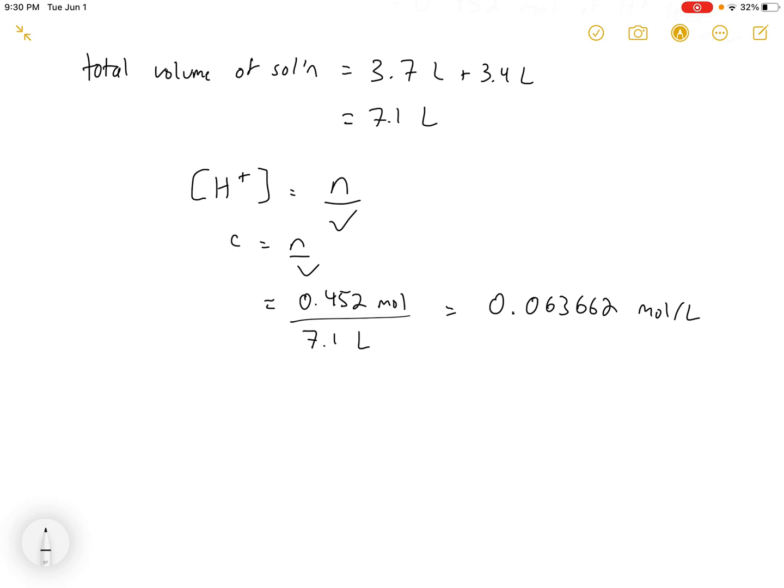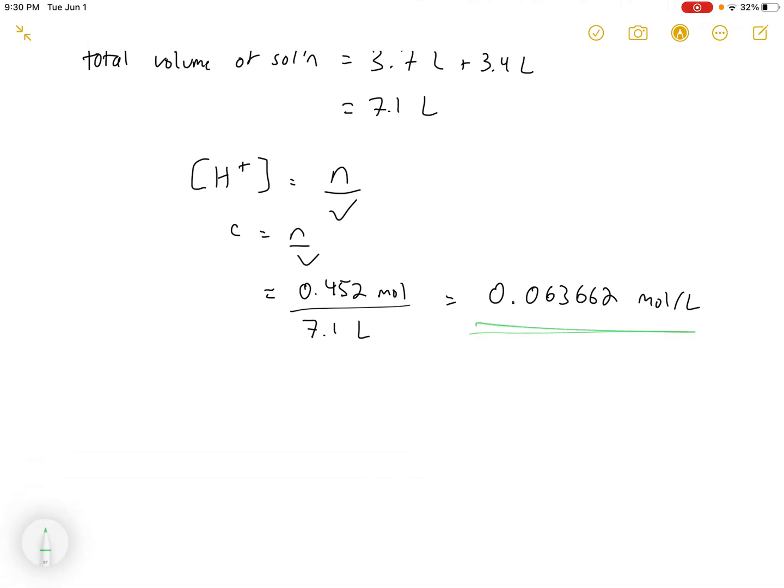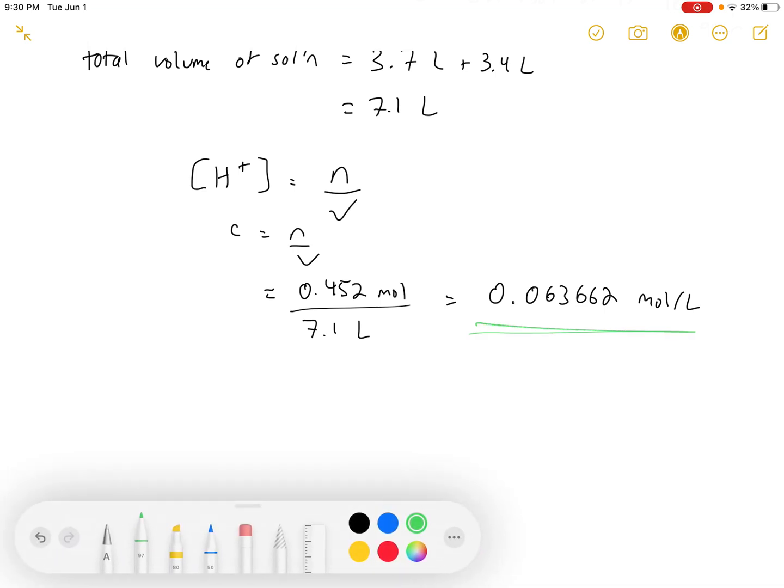I'm not rounding yet because I want a more accurate value for pH. So that is the concentration of H plus.